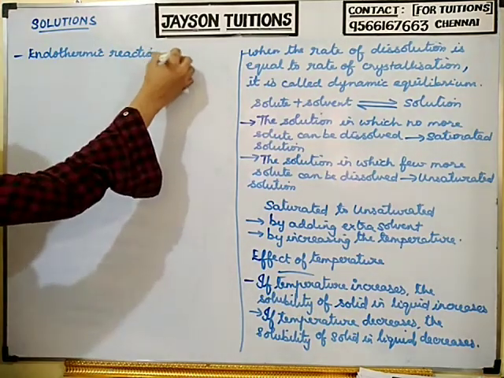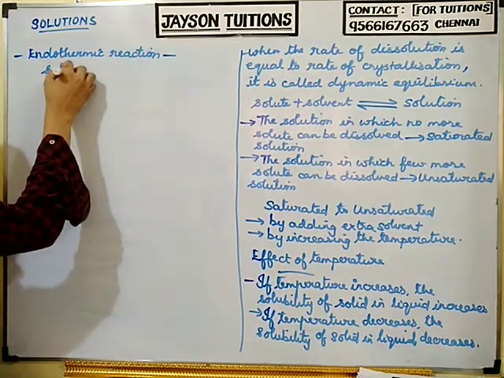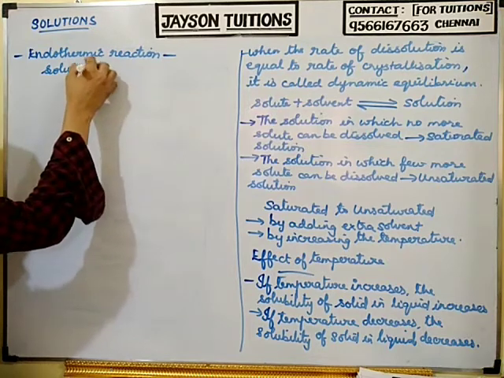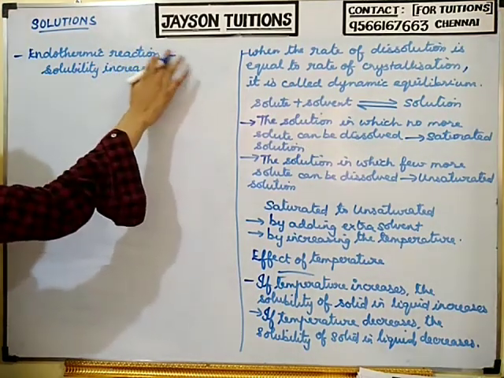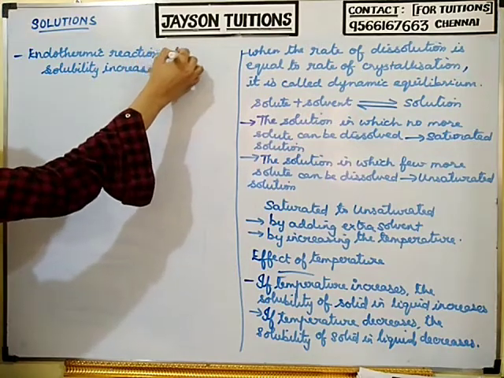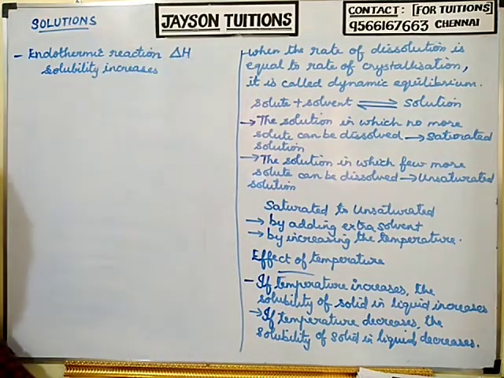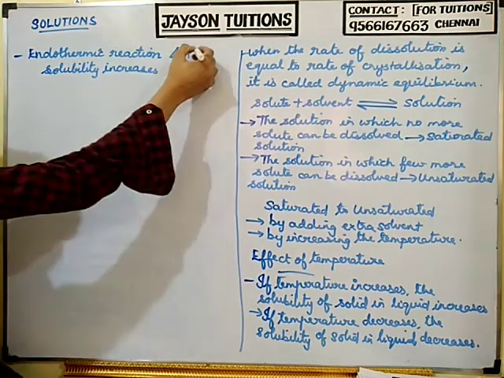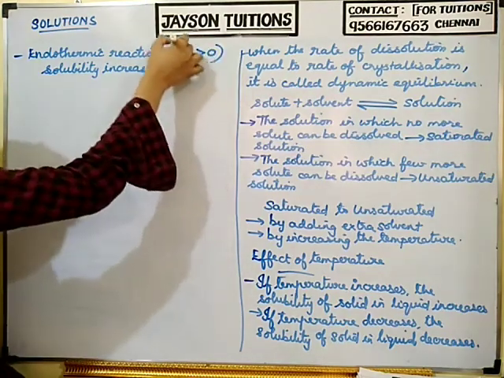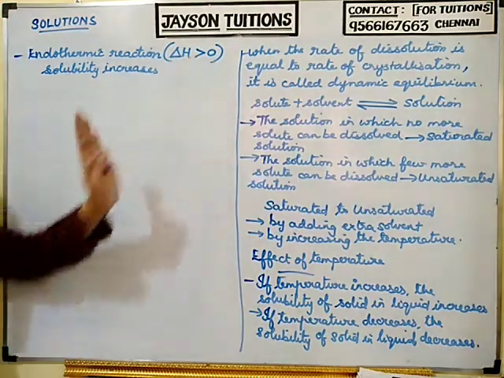So for endothermic reaction, solubility increases. Endothermic reaction means the heat change, delta H, is greater than 0. That means heat is increasing.